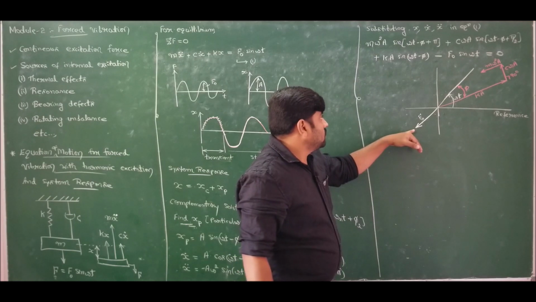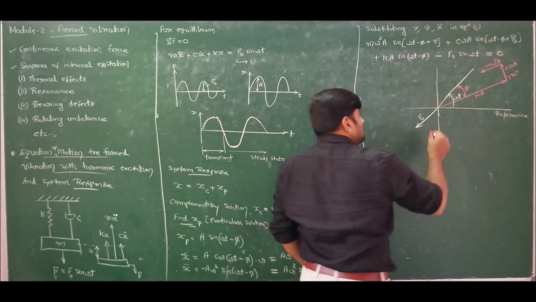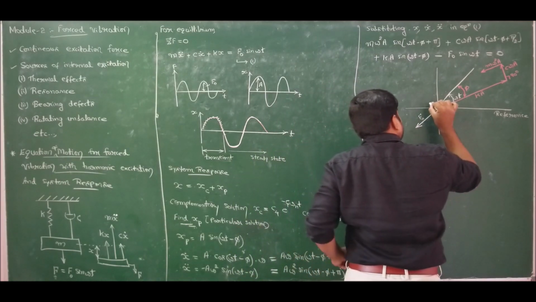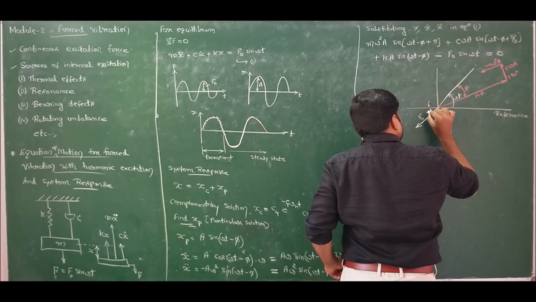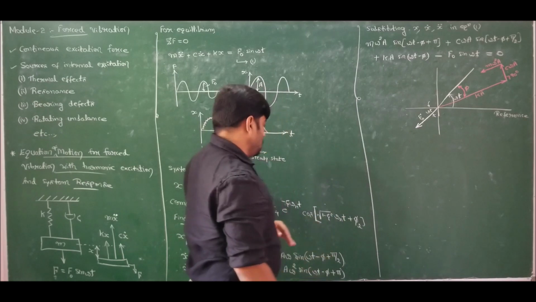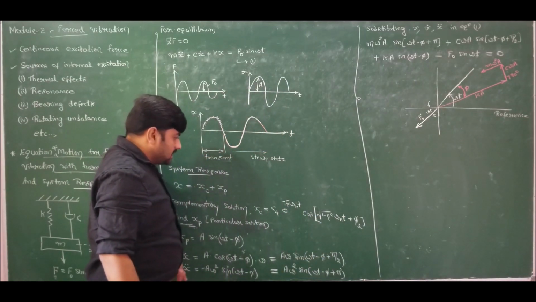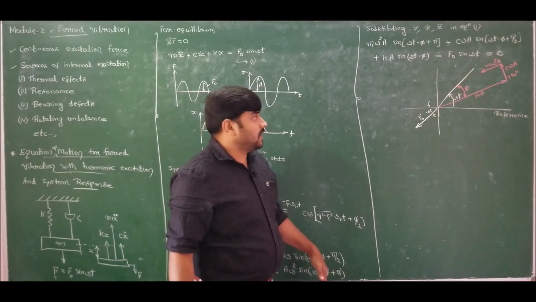So I should take it in the opposite direction. Now this angle should be omega t, right? This is the reason I used displacement, velocity and acceleration in sine form with positive values.